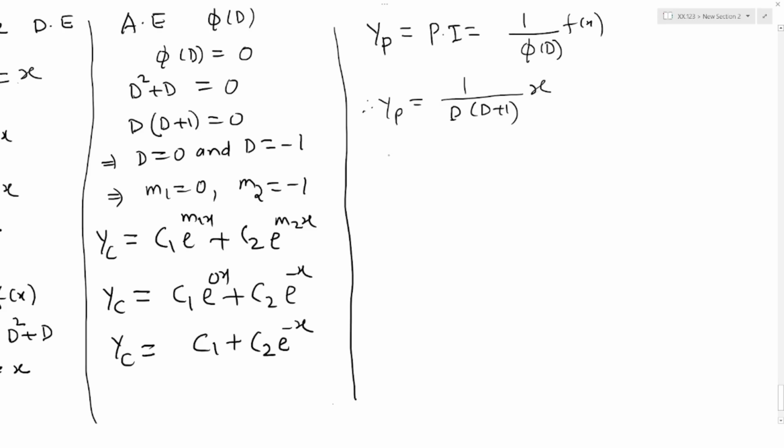Now we go for partial fractions. That is 1 upon D into (D plus 1) equals A upon D plus B upon (D plus 1).